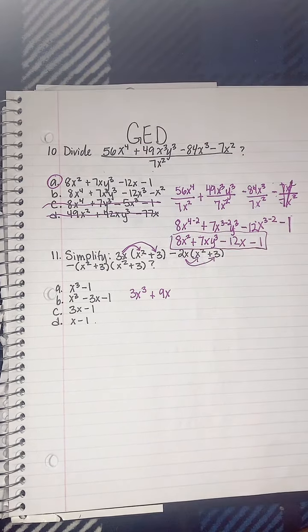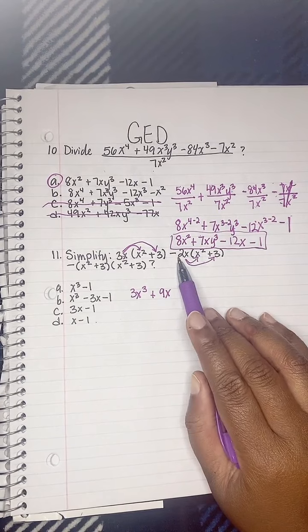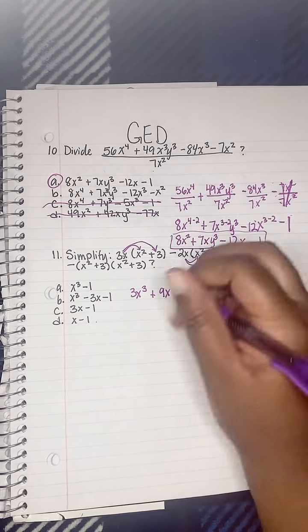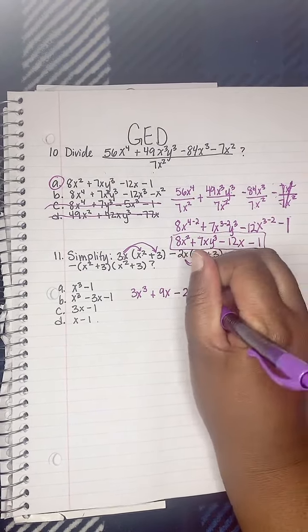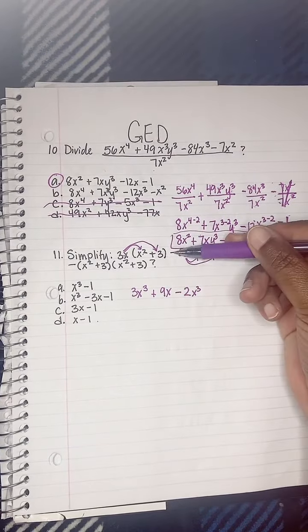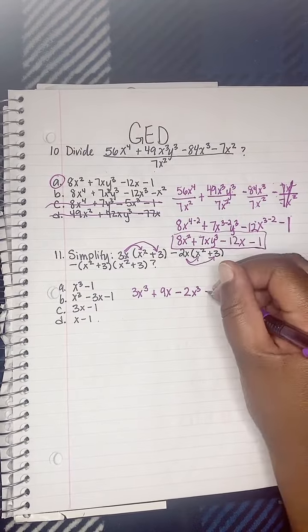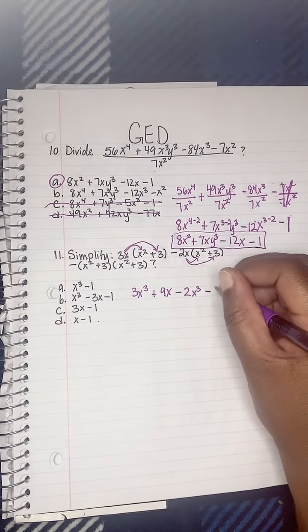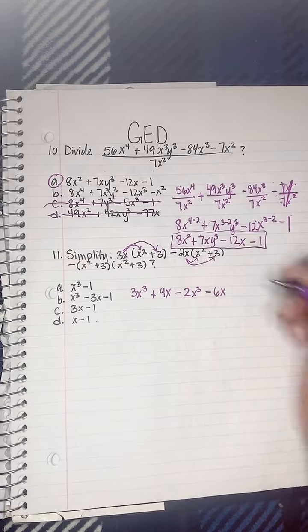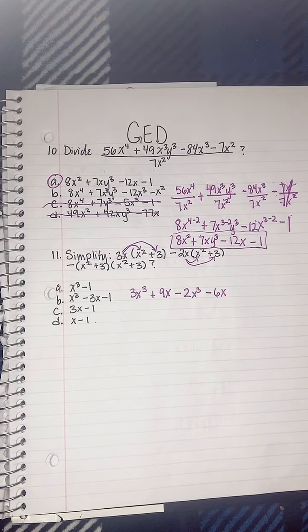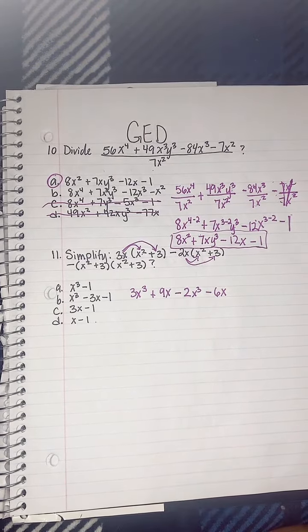Is it positive or negative? Negative 2x times x squared gets us negative 2x to the third. A negative 2x times a positive is always a negative. And then 2 times 3 is 6, carry the x. So you got to make sure you watch those signs because they will throw off your entire answer.